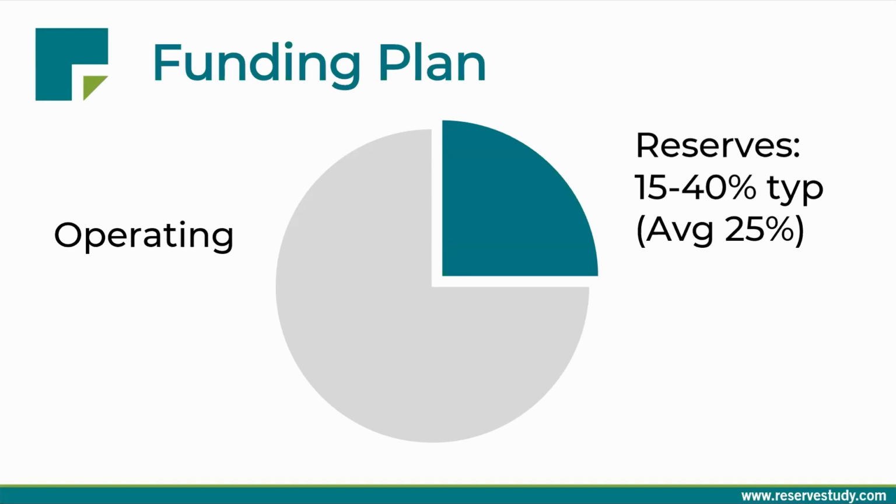So if you have a $1 million budget, $250,000 of that should be going to reserves, leaving $750,000 for operating fund. That's classic standard reserve funding at an association. So don't think that your association is going to sneak by with 5% of budget, and don't worry that unless you're in real steep catch-up mode, it's going to cost 50% of budget.